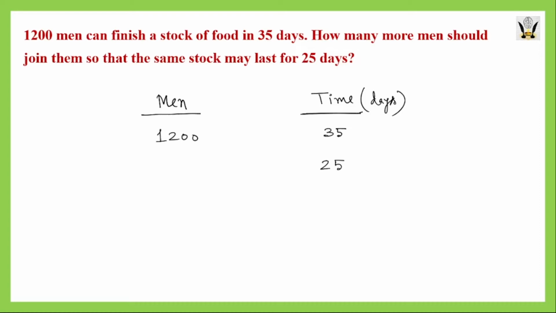That means when we are decreasing the second quantity, the first quantity should increase. So again these two quantities are in inverse variation.